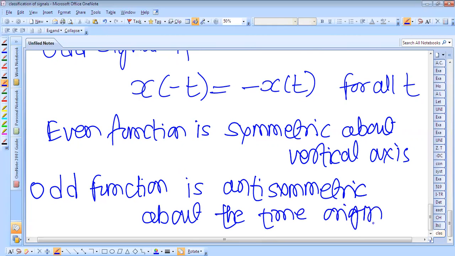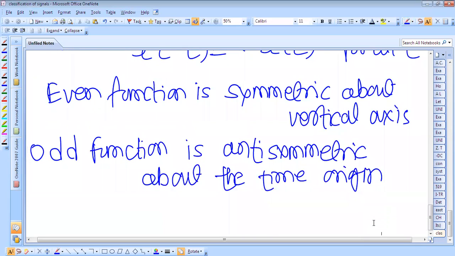If the function is symmetric about the vertical axis, we can say it is an even function, and if the function is anti-symmetric about the time origin, we can conclude it is an odd signal.